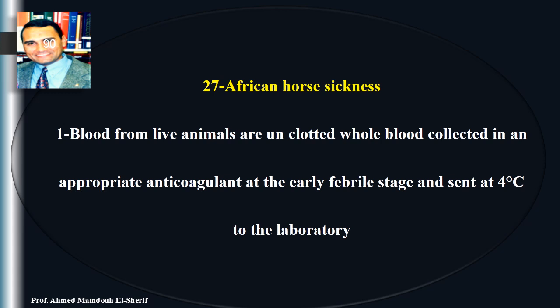Samples are the following. Number 1. Blood from live animal, unclotted whole blood collected in an appropriate anticoagulant at the early febrile stage and sent at 4 centigrade to the lab.